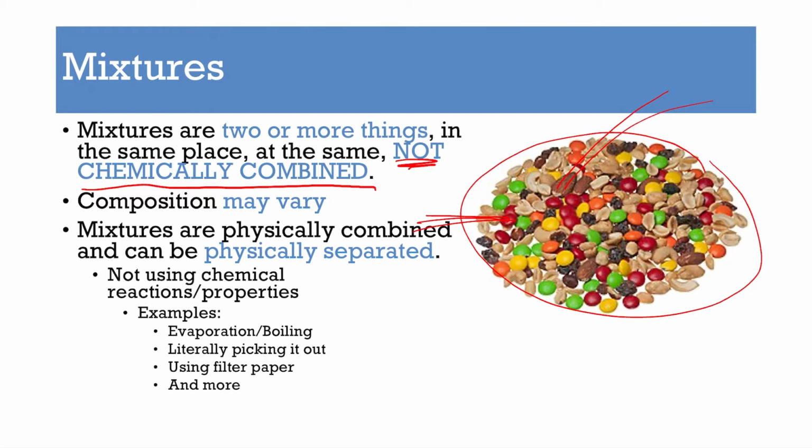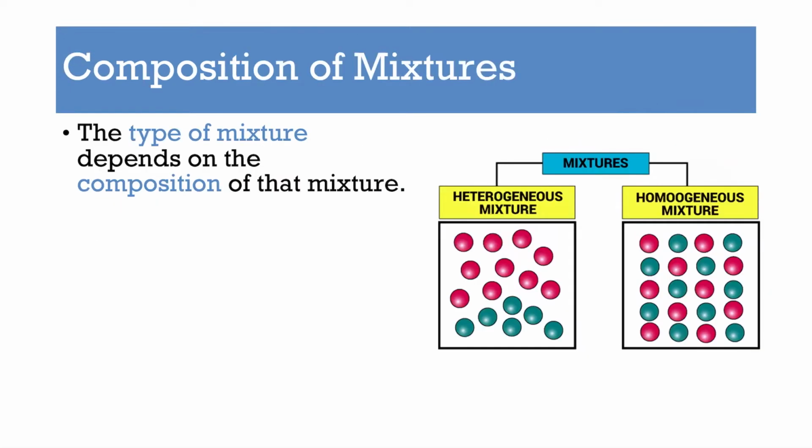So some examples of methods to separate stuff physically: evaporation, boiling, literally just picking it out, like I mentioned before, using filter paper and more. But again, this is the topic of the next video. So don't worry if you're not sure what all that stuff means yet. Just know that mixtures can be physically separated.